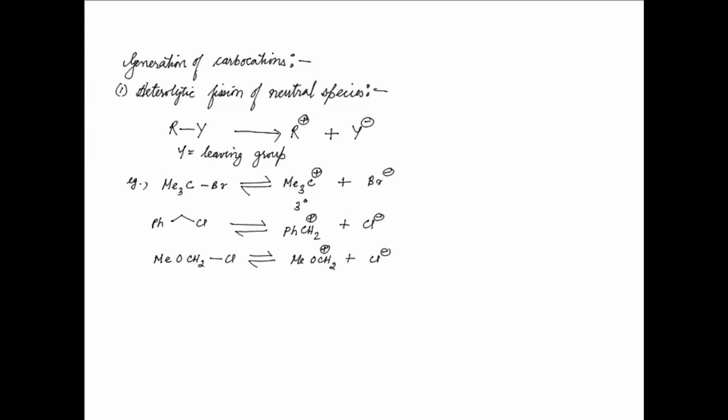In the third case, the stabilization of this carbocation is because of the heteroatom oxygen, which can give its lone pair of electrons to stabilize this carbocation. So these are some of the processes by which carbocations can be produced via heterolytic fission.